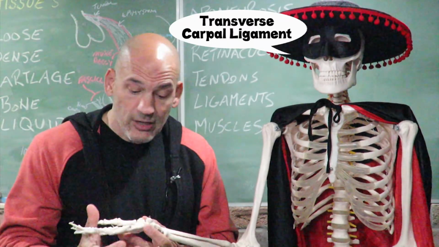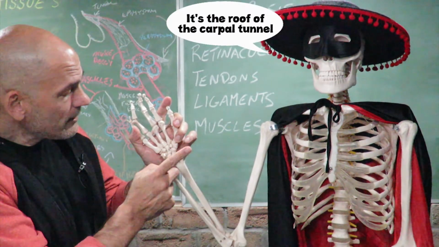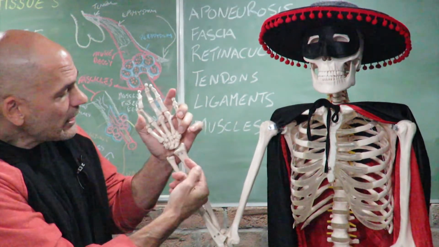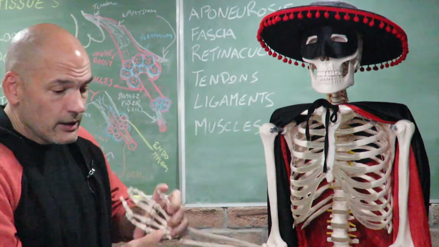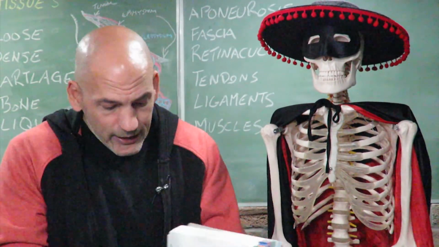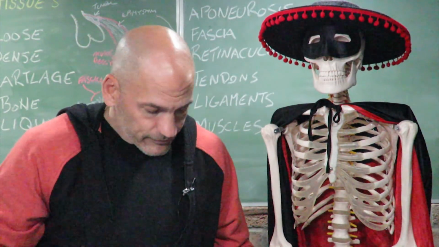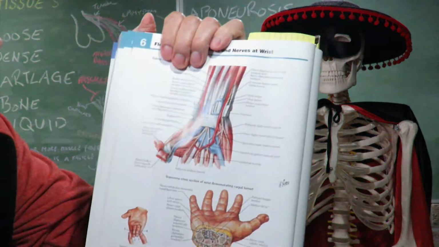Well, the carpal tunnel is right here. And so the flexor retinaculum crosses from here to here, and you've got some tendons that go through there, along with the median nerve. And I think I have a picture of that here as well. The flexor retinaculum, transverse carpal ligament. So here we go.